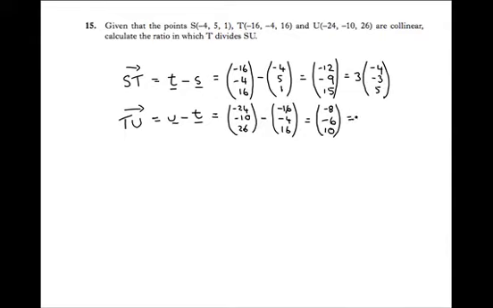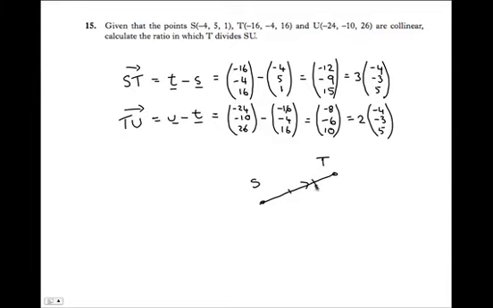Now, finding common factor in all these, there's a factor of 2. So this journey, minus 8, minus 6, 10, will be twice the journey minus 4, minus 3, 5. And here's an interesting thing. The journey from S to T, let me just show you this journey from some angle in space. It will look like this. So the journey from S to T is 3 times some basic journey.